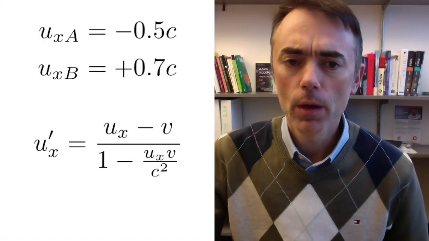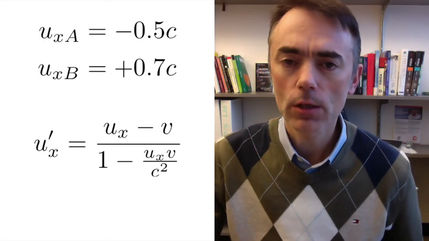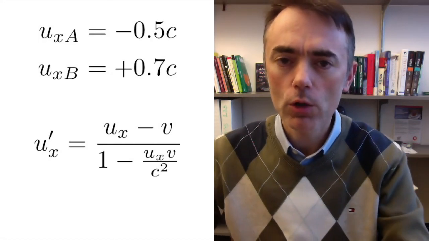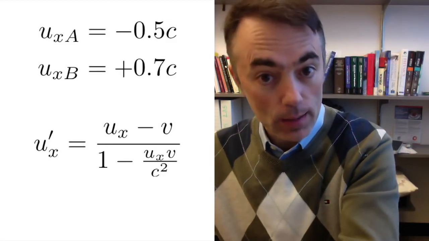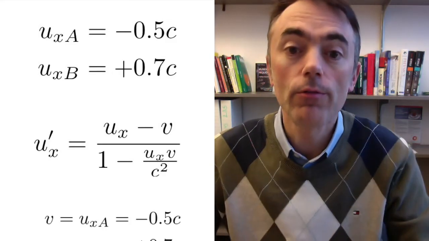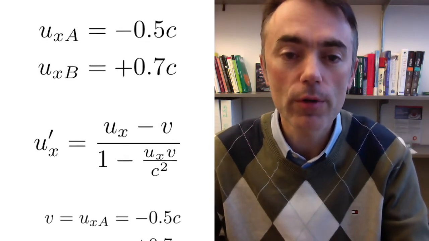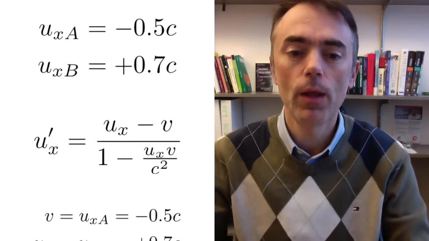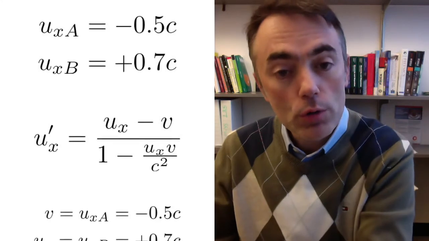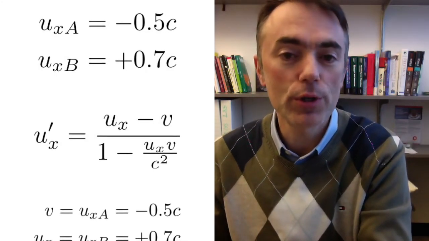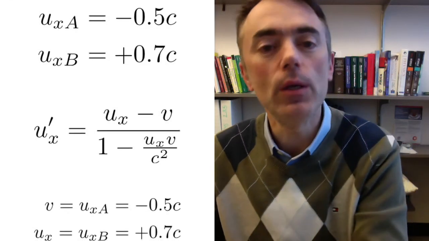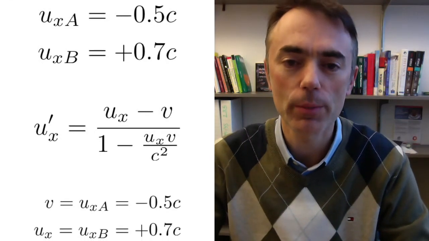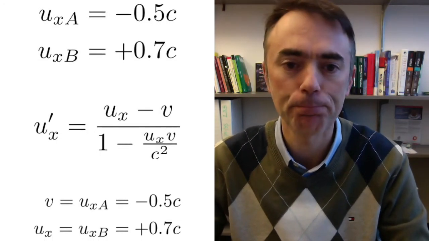Because v is the velocity of the reference frame, and now we are going to go to the spaceship A, which is the moving reference frame, then the velocity of A is going to be the velocity of the reference frame, so v. And then the particle that we are observing is the spaceship B. So u sub x is going to be uxb, which is the velocity of the spaceship B, 0.7c.